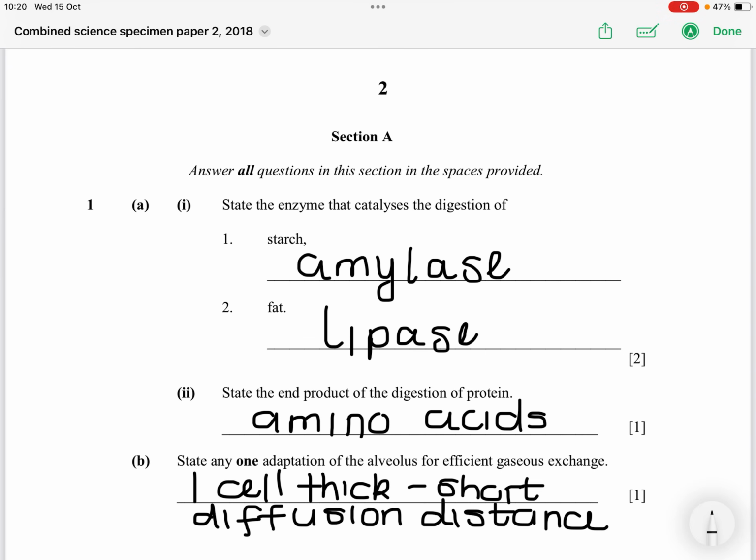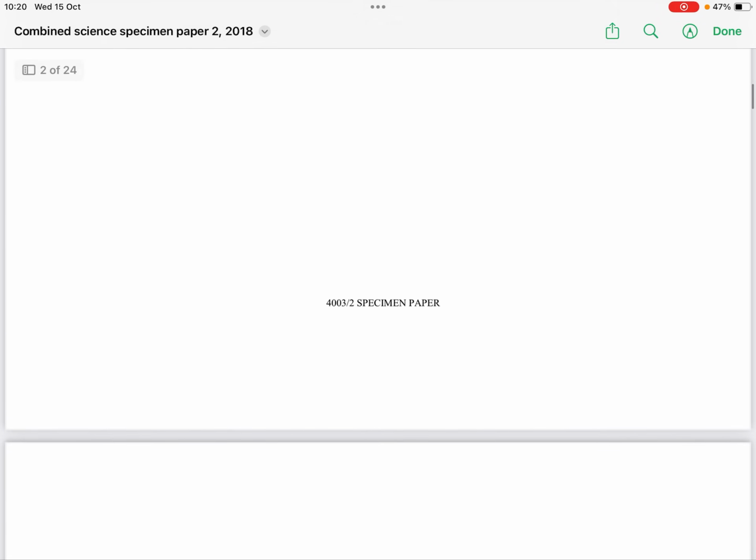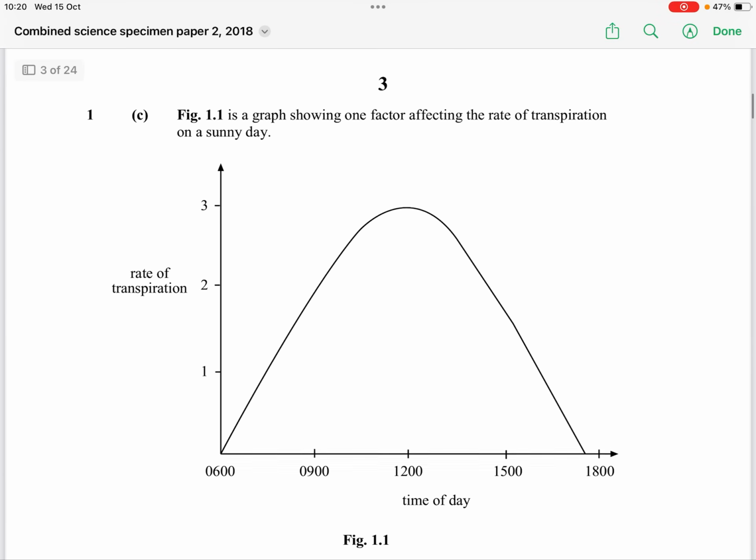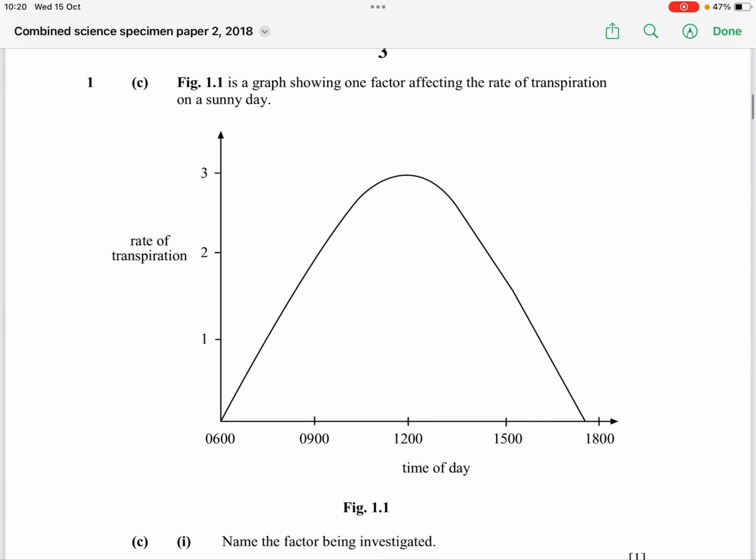They can select the adaptation of red blood cell, adaptation of palisade cell, adaptation of the leaves, right? So we need to proceed to the next question. We are having Fig 1.1.